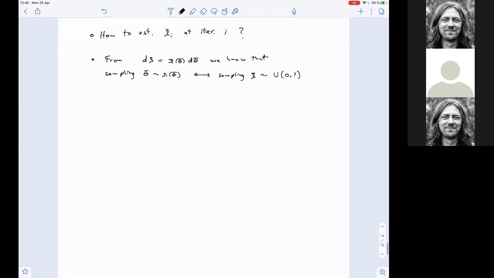And just to recall the chain of logic between your theta sample and your psi: if you pick a theta sample, you can evaluate a likelihood value.